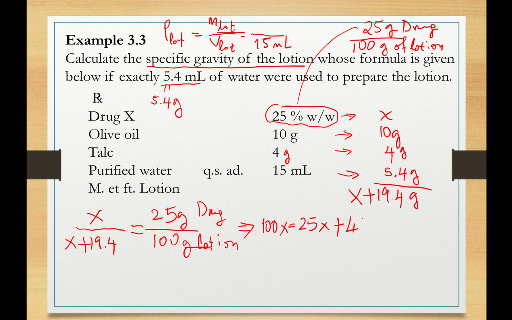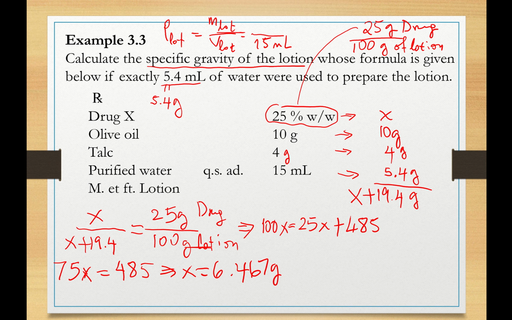So that would be 485. So 75X is equal to 485, and therefore X is equal to 485 over 75. I have to use my calculator now.